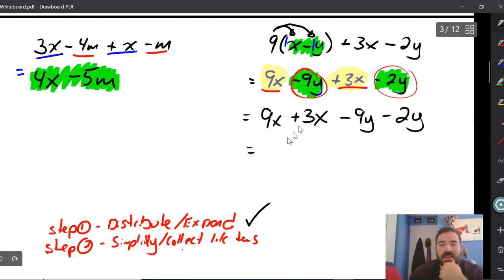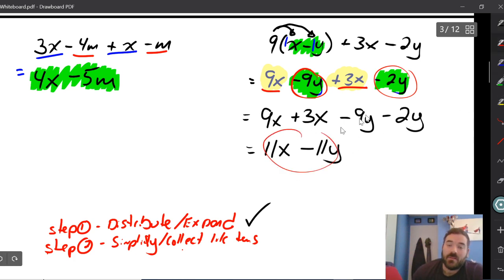And then I have 9x plus 3, so that's going to give me 11 x's. And then I have negative 9y's minus 2y. So if I have negative 9 and I'm subtracting 2, I'll have negative 11y. I can't go any further than that because these are not like terms. And so that's my final expression, and so that's what I write.